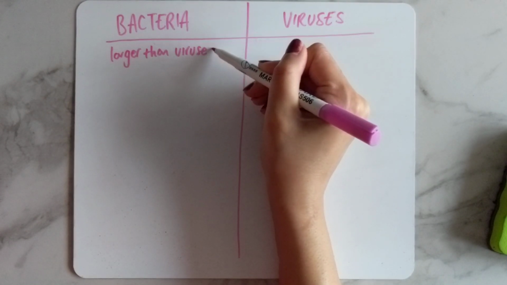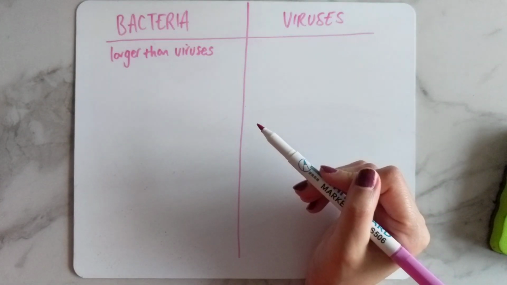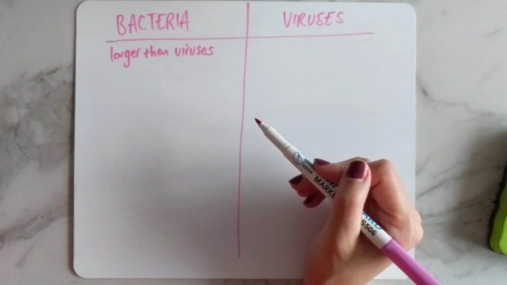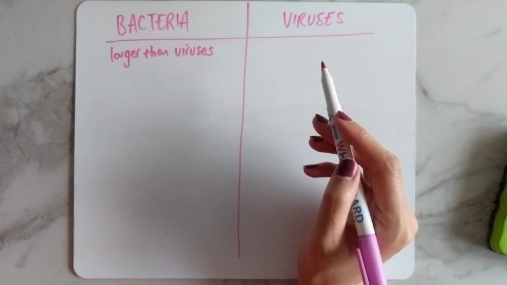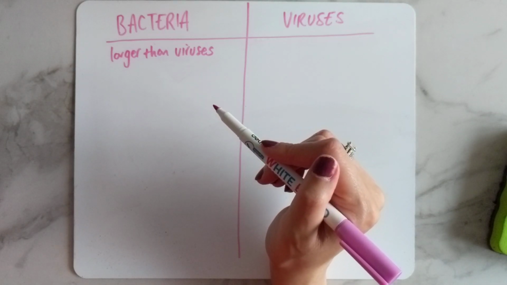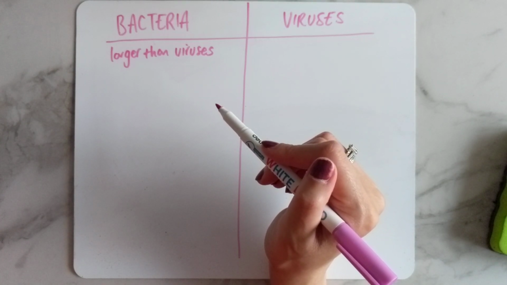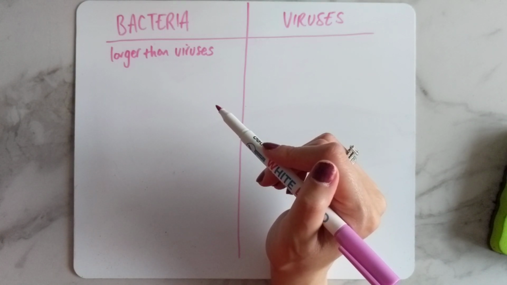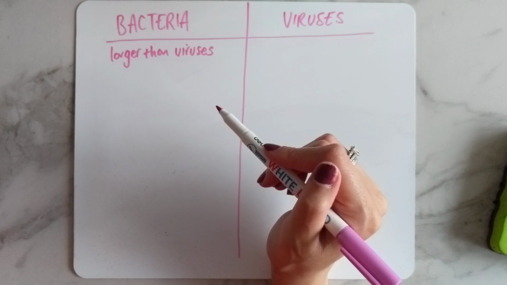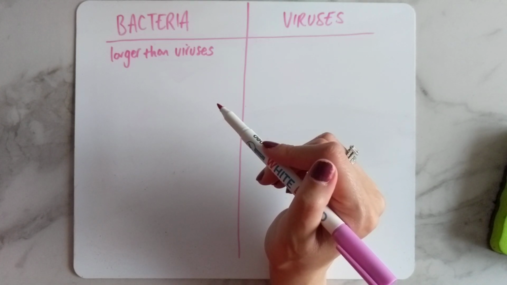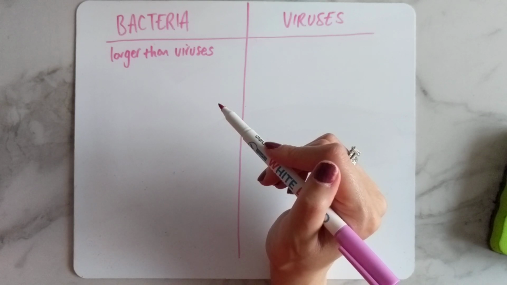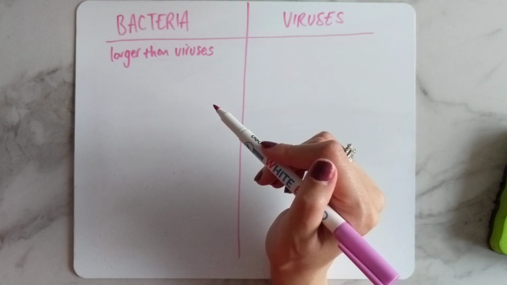So they're still tiny in comparison to a normal cell, but they're larger than viruses. If you're not sure what the organelles of bacteria are, make sure you go and check out my other video when I was talking about animal cells, plant cells, bacteria cell organelles in the topic B1.